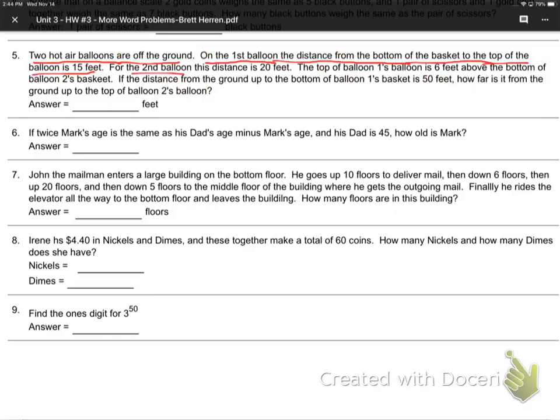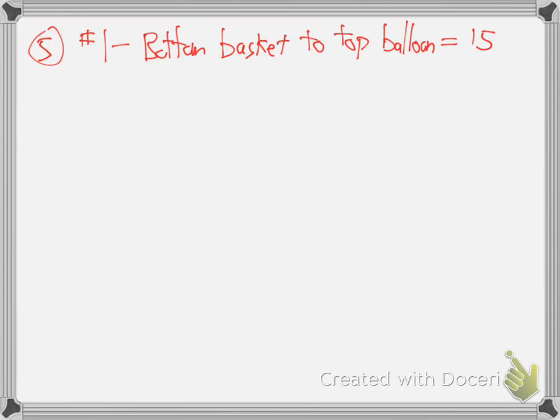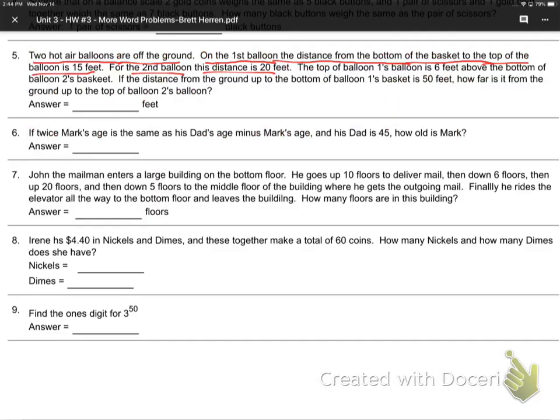Fact number 2, for the second balloon, this distance, bottom to top, is 20.